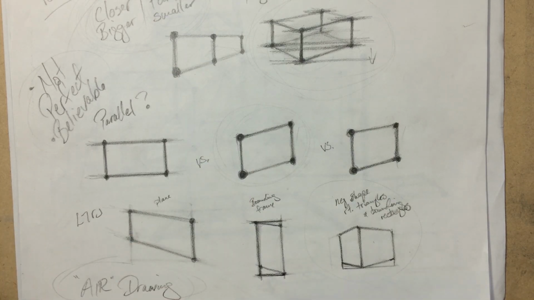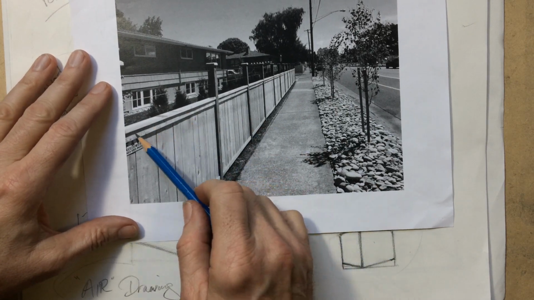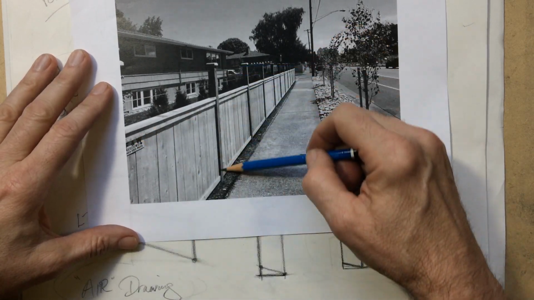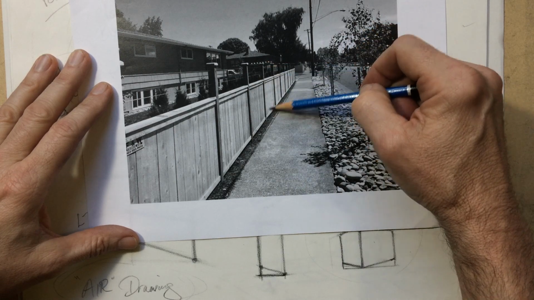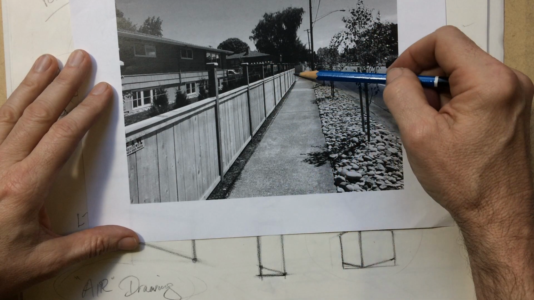And while that might be obvious if you're looking at a fence like this, where these are getting smaller and this distance is getting smaller, it's all in that one direction.